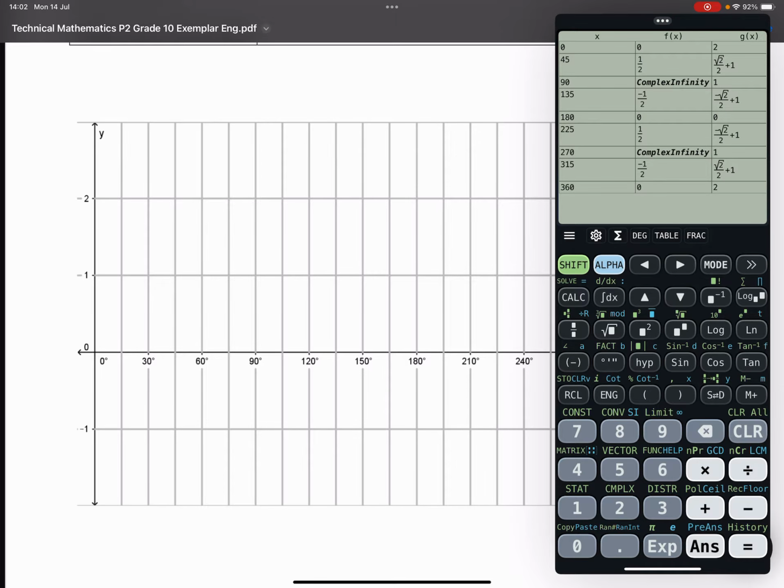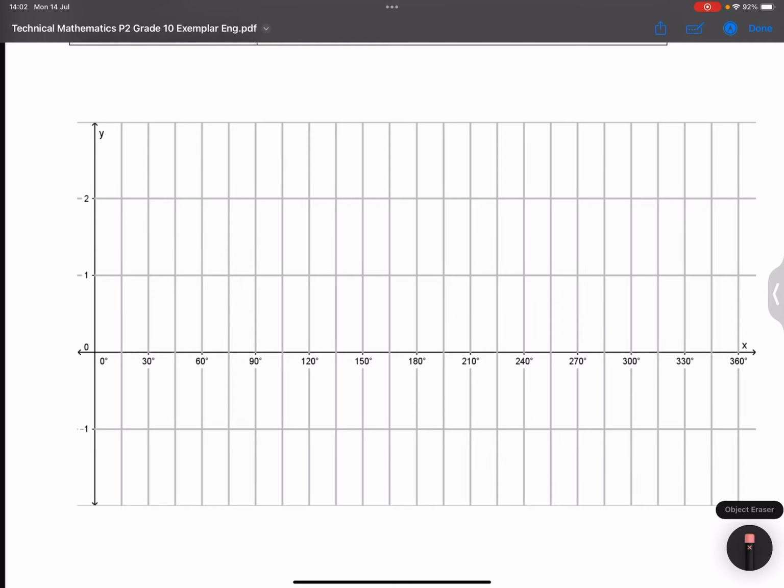So it's telling me that at 0, the first graph is going to be, let's start with f of x. So f of x is going to be 0 when x is 0. Okay, so I just need to get my pen active there. There we go.